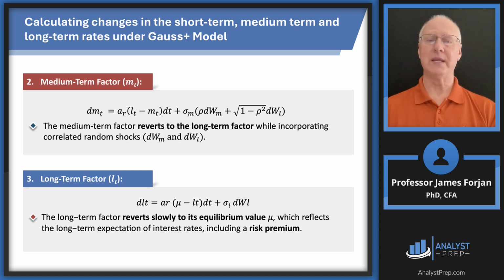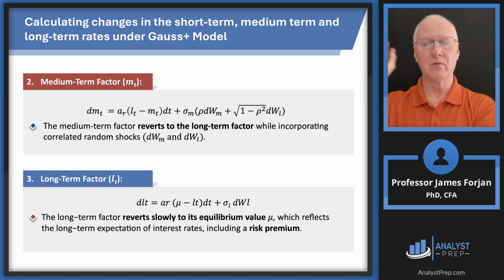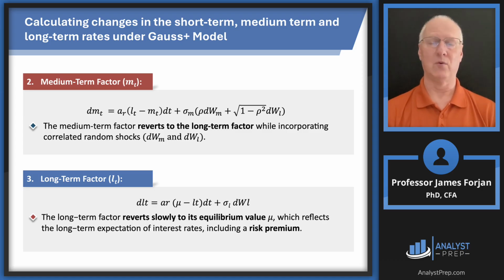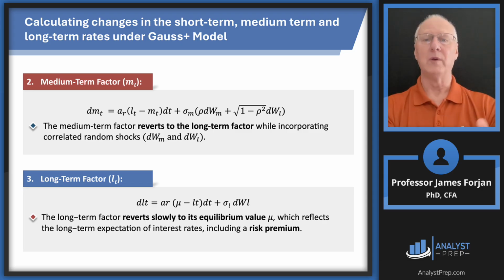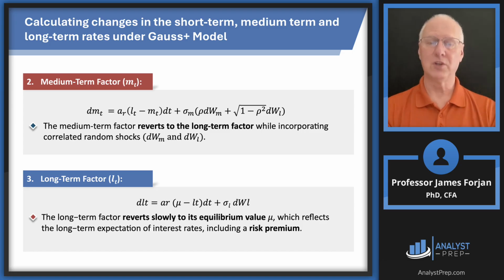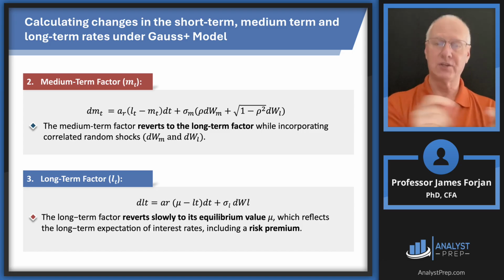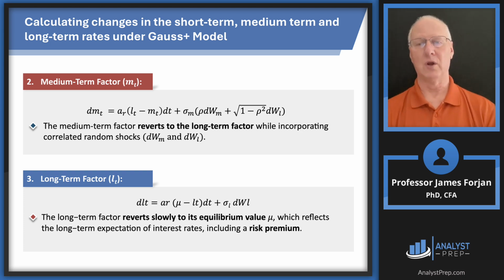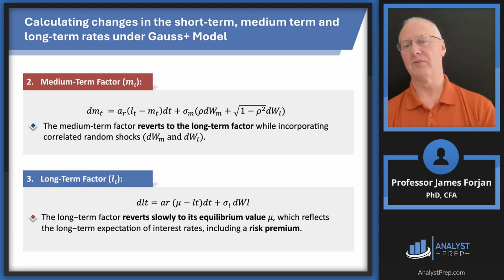It tells us that we need some kind of volatility for the medium term, but how are we going to adjust that? Of course, over at the end, we're going to have that medium term shock, but then we need to worry about correlation coefficients because we're in the middle. We need to worry about what's the correlation with the long term, what's the correlation with the intermediate term mean reversion? And that's what that little rho is there, and then the 1 minus the rho squared.